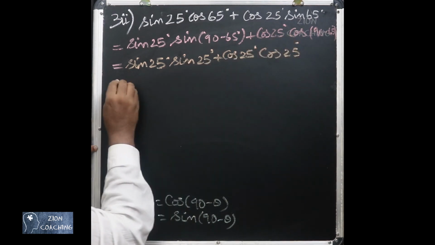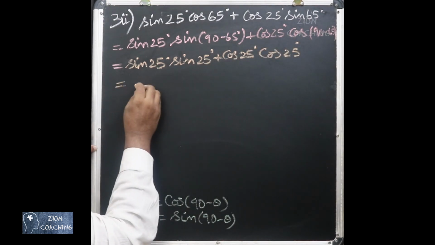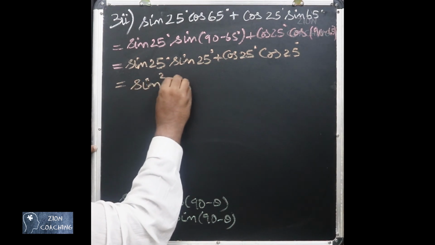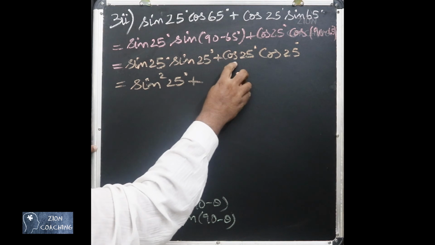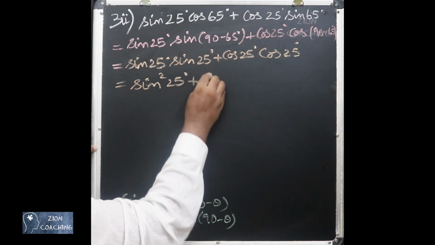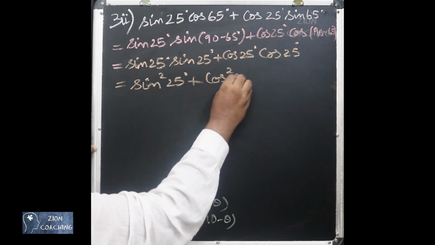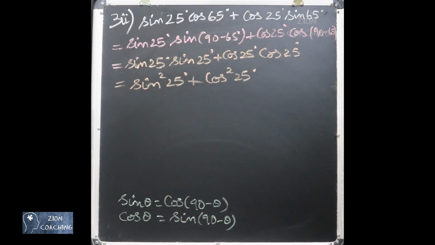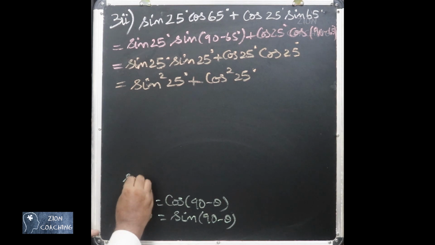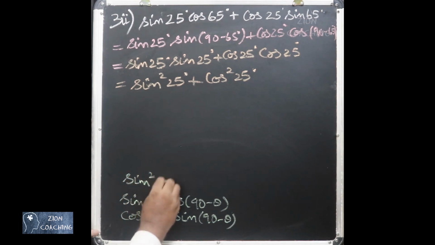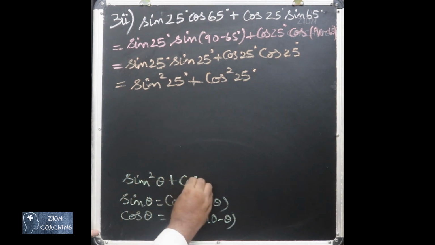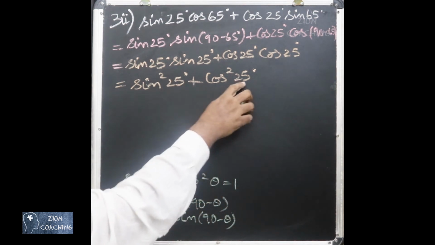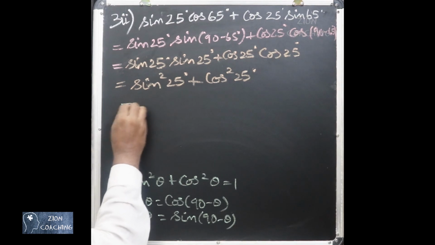Now sin 25 degree into sin 25 degree is sin squared 25 degree plus cos 25 degree into cos 25 degree is cos squared 25 degree. We have the formula sin squared theta plus cos squared theta equal to 1. Now you can see that theta is the same, so the answer is 1.